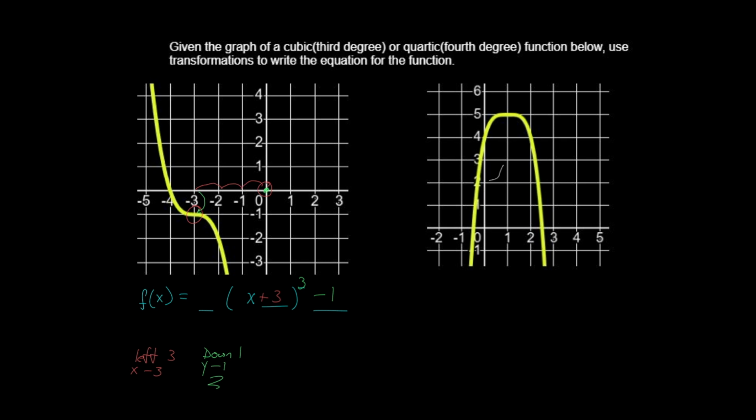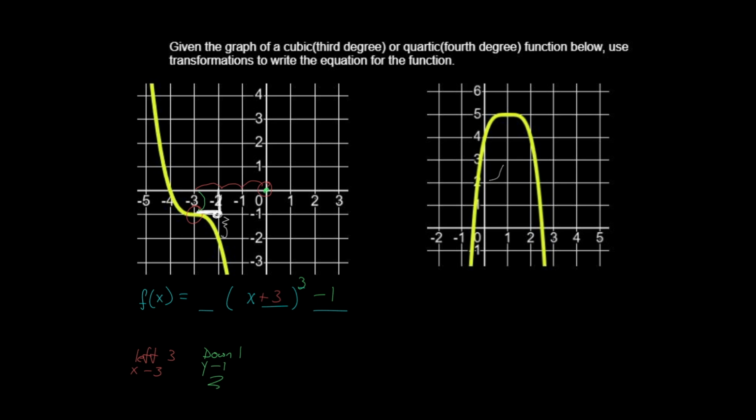Lastly, we need to check for dilations and reflections. And normally with polynomial functions, we will go to the right one and up one. If it doesn't go to the right one and up one, then something is up with the dilations and or reflections. So instead, still go to the right one, but then we can just look up or down and see how far it's been stretched or reflected.